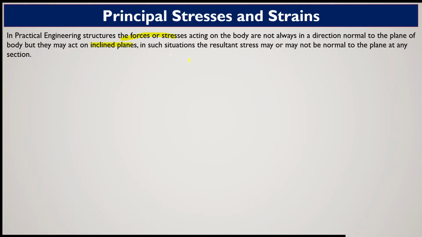That means in such a situation, the resultant stress may or may not be normal to the plane at any section. Whenever there is a body or an element and some force is acting on it, in general we have gone through that forces are normal to the surface.